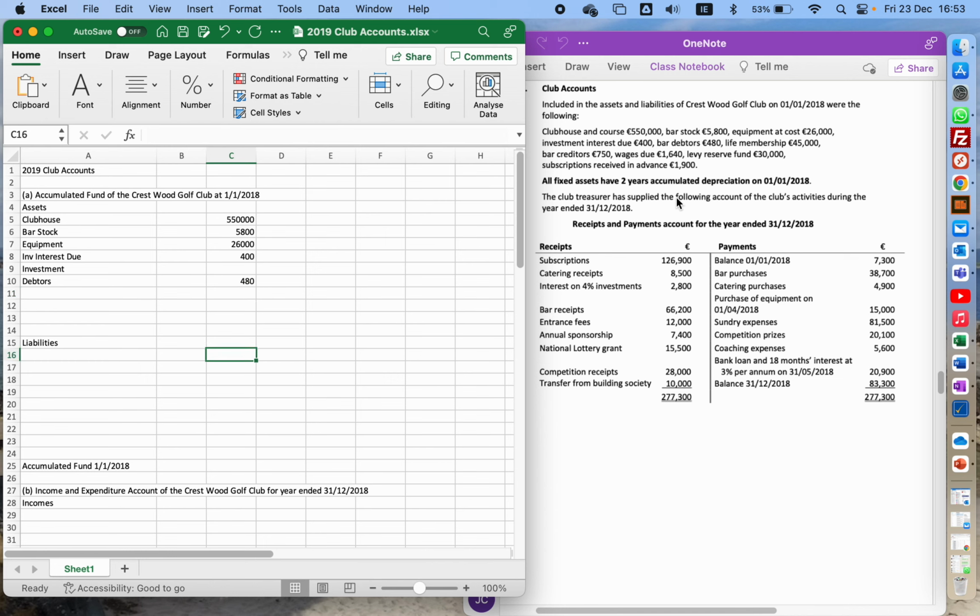Life membership 45, so that's a liability of the club, so that's a service owed back to the members. Bar creditor is 750. Wages due 1640, again another liability.